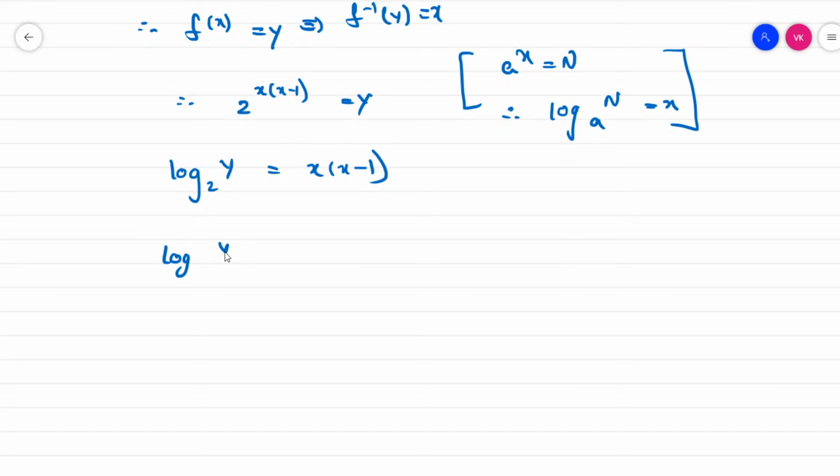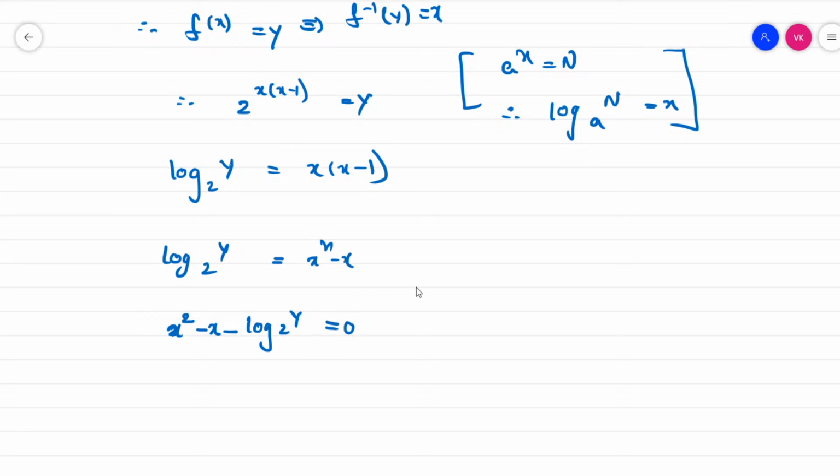Then log y base 2 is equal to, we can write as x square minus x. Okay, now we can write x square minus x minus log y base 2 is equal to 0.